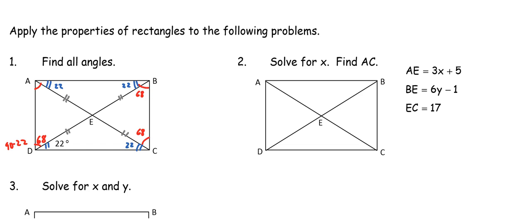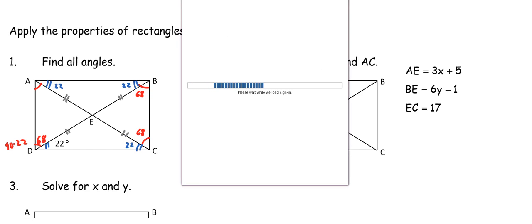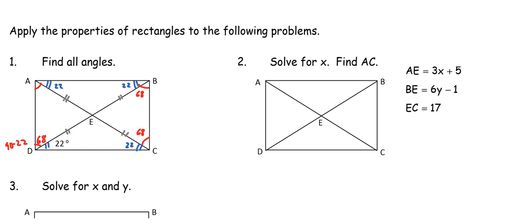The last angles that we need to find are the angles in the center of our rectangle. For the blue triangles with the 22-degree angles, we can subtract 22 and 22 from 180. When we do that, we get 138.